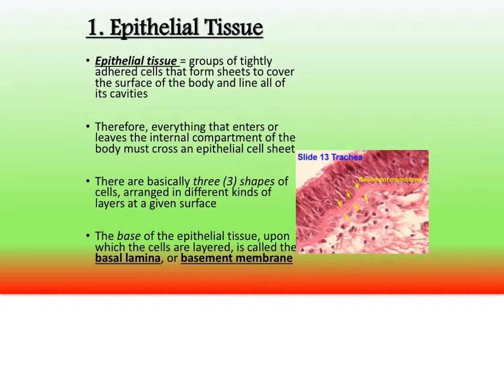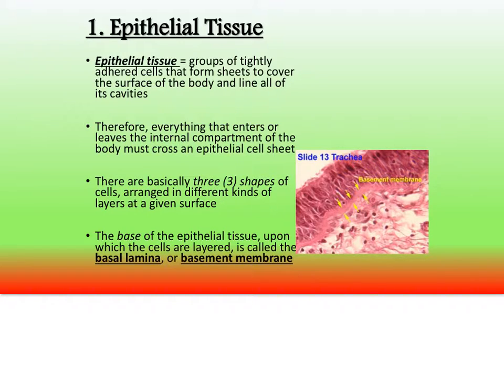Right? It has to cross somewhere, whether it's absorbed in your lungs or through your digestive tube or through your skin. It has to go through this tissue. And that's why it's here, in part, to give this nice, tightly connected covering that might not be so easy to get through, to get into that internal part of your body.